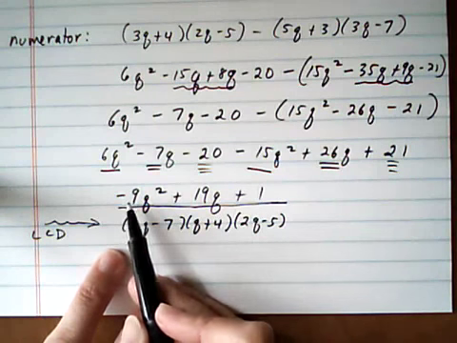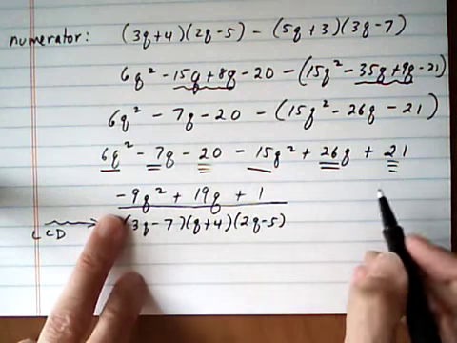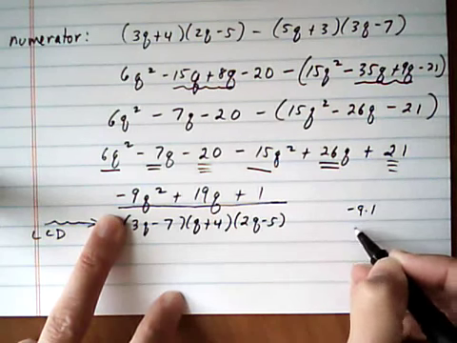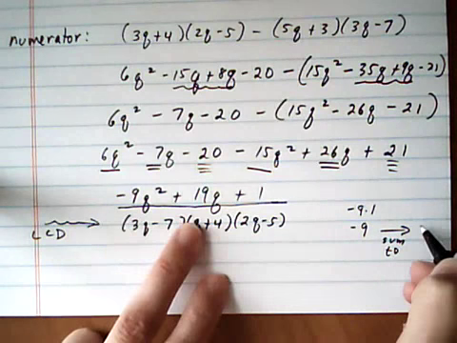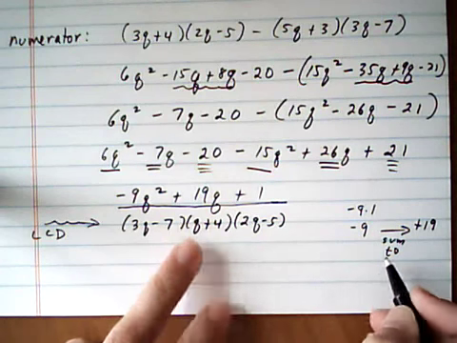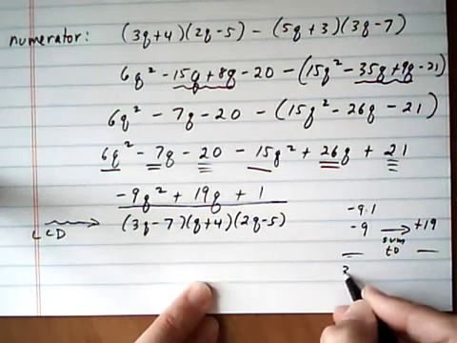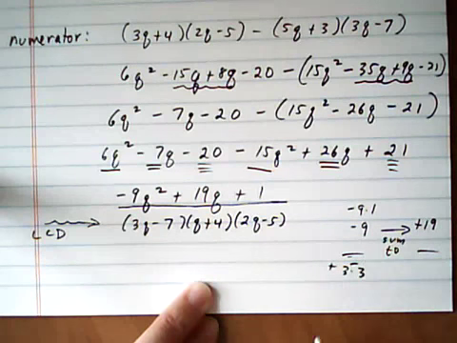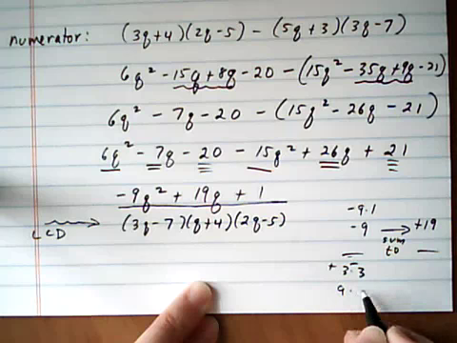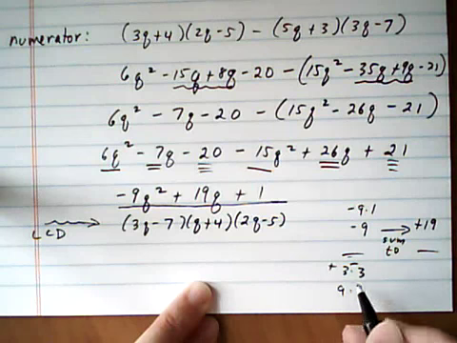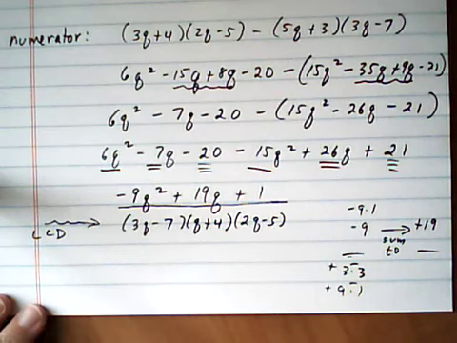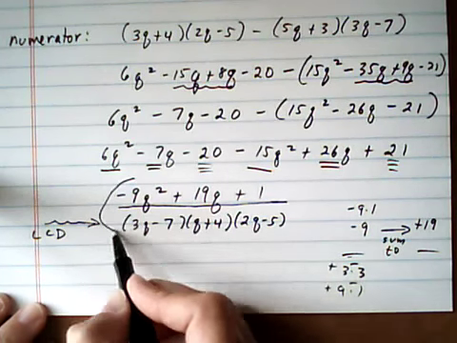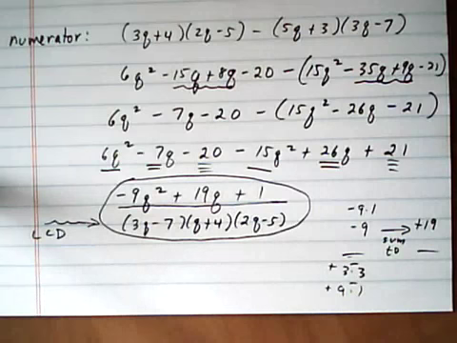But this one cannot be factored because I can't find any factors of minus 9 times 1, or minus 9, that sum to the middle term of plus 19. Our factors of minus 9 are 3 times 3, opposite signs to give a minus, or 9 times 1, and there will be opposite signs once again to give a minus, and none of those add up to 19. That means we're done. There is no way to factor it, and that's our final answer.